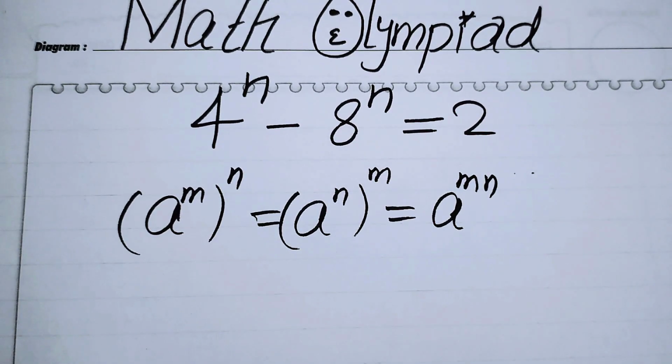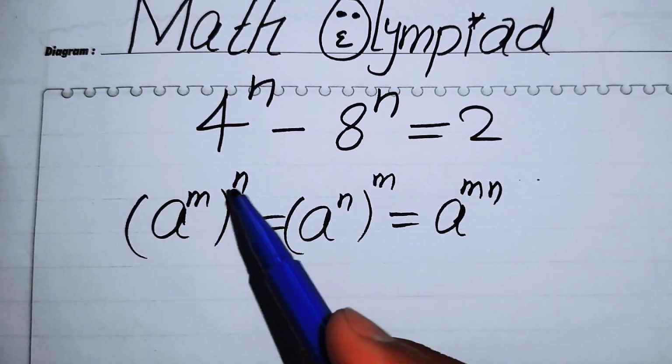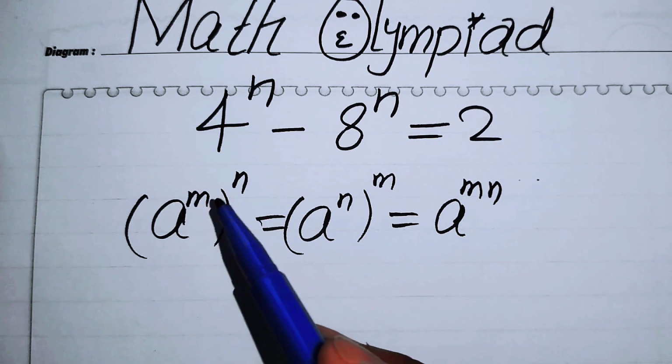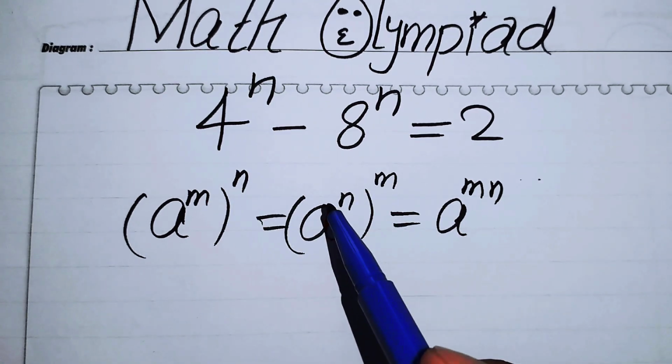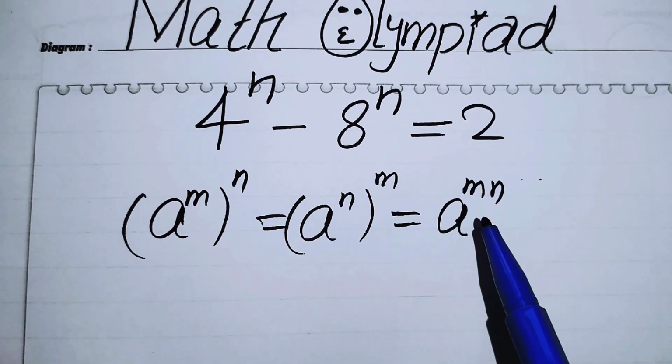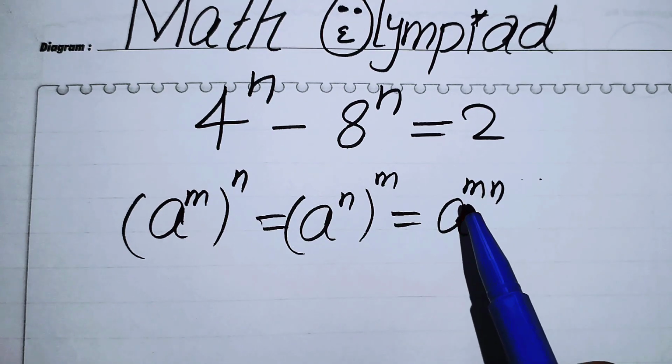So this exponential law tells us that you can interchange these two exponents, here you have m to the power of n, or here you have n to the power of m, so it has no effect on the final answer, which is a to the power of m times n.